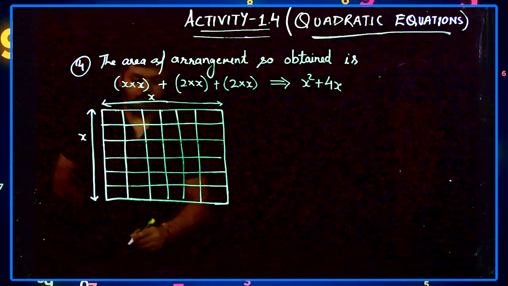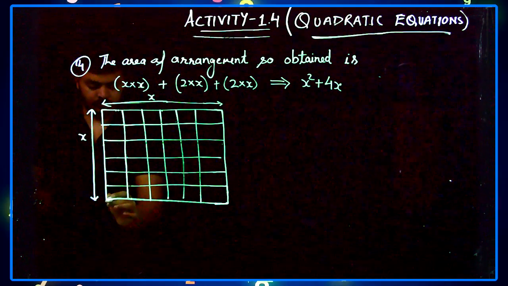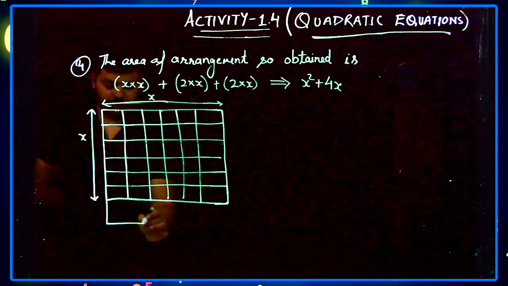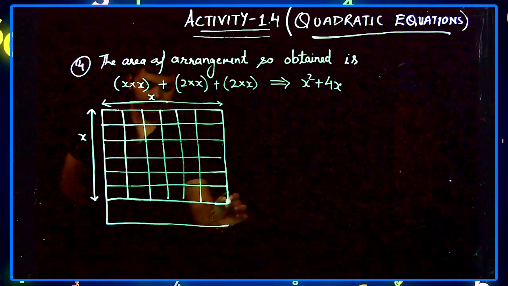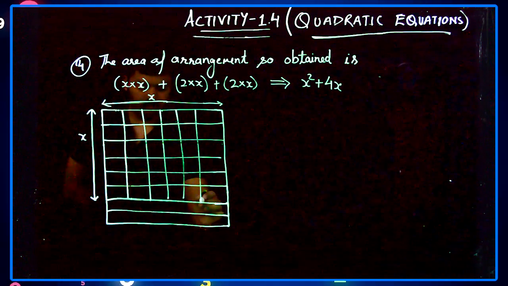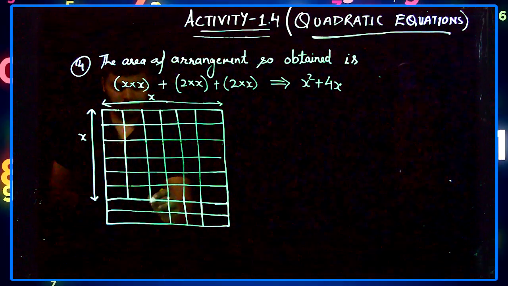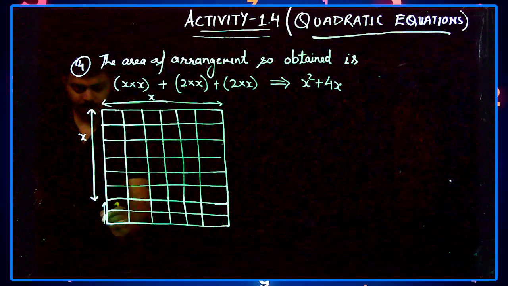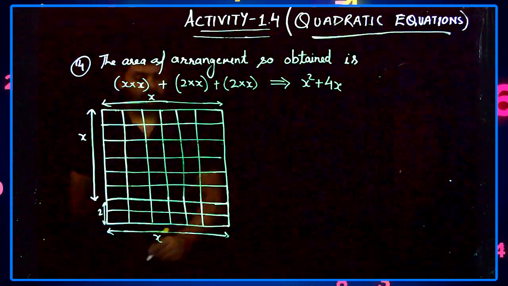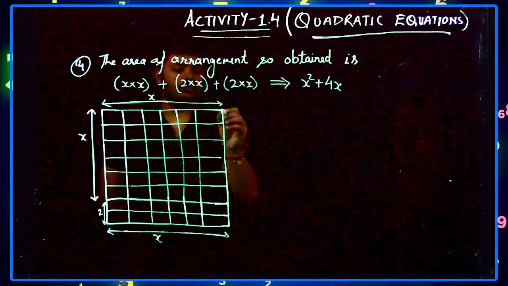Now we add one strip of dimension 2 into x below and one strip to the right.